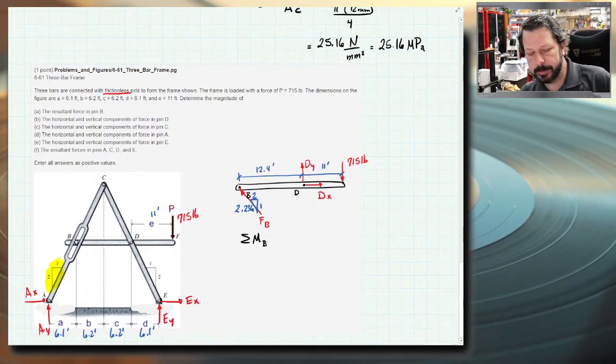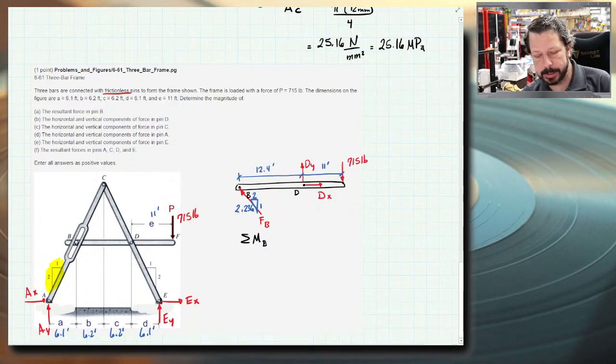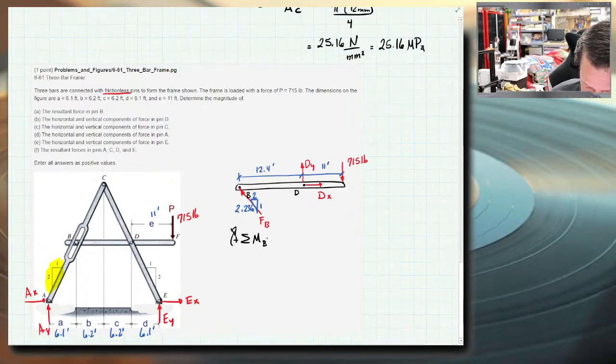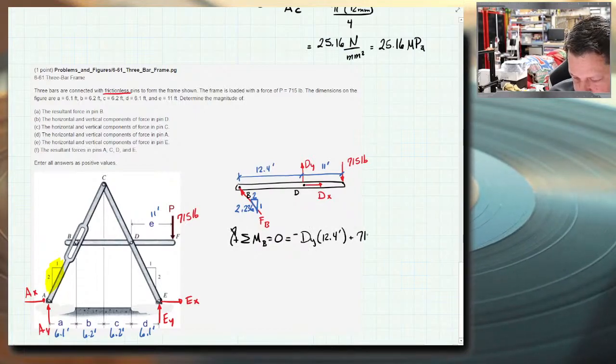A lot of times I do the moments about the place that has 2 unknowns, but in this case, since B and D are on the same line, they're both horizontal with each other, then doing moments about B will also eliminate 2 unknowns. It'll eliminate force at B, and it will eliminate dx. So I'll be solving for dy. So I've got dy negative, the way I drew it, dy times the 12.4 plus 715 times the 23.4.